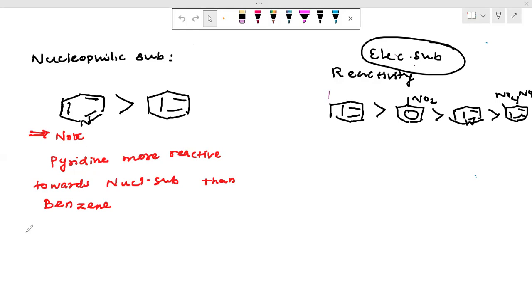For electrophilic substitution it is C3, but for nucleophilic substitution it is C2 and C4. Very important. Pyridine alone undergoes both.